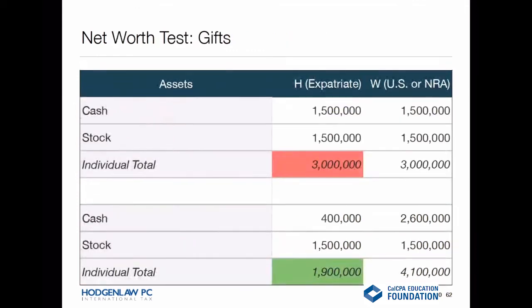Another way to avoid being a covered expatriate is by looking at the net worth test. Now, you have to meet all the tests to qualify to be a non-covered expatriate, but most people who are giving up their citizenship or green card, in my experience, have been living and working abroad for at least a little while, and typically they are able to take advantage of foreign tax credits or foreign earned income exclusion or things like that.